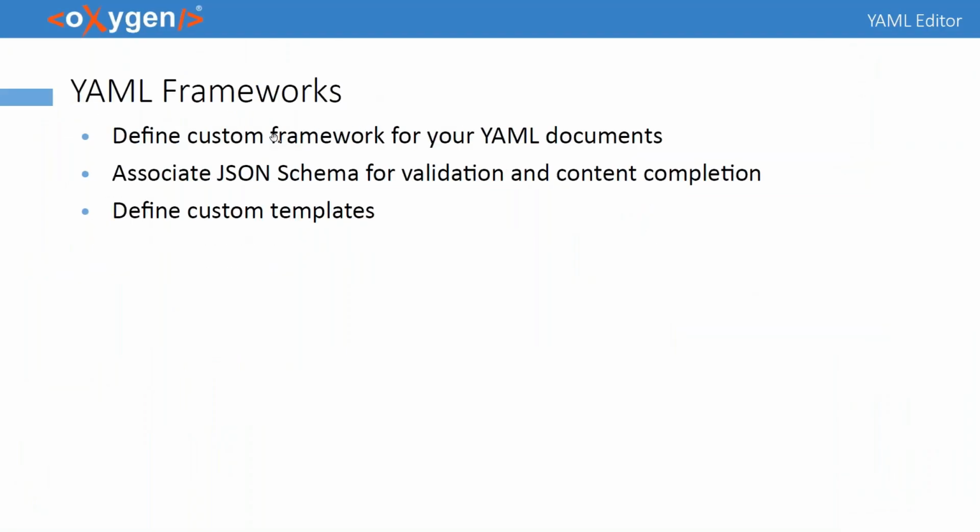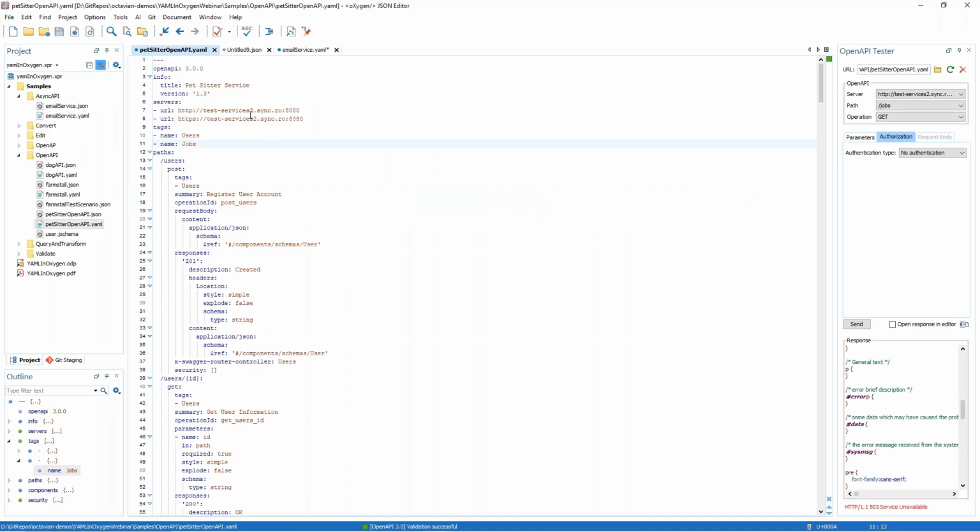You can create also custom frameworks. So if you have a language, let's say you have some YAML documents, maybe some Docker configuration files, you can create a framework for yourself, similarly with what we created for OpenAPI or AsyncAPI. So you just need to create a schema or have a schema for these documents, and then you can define this in the frameworks directory.